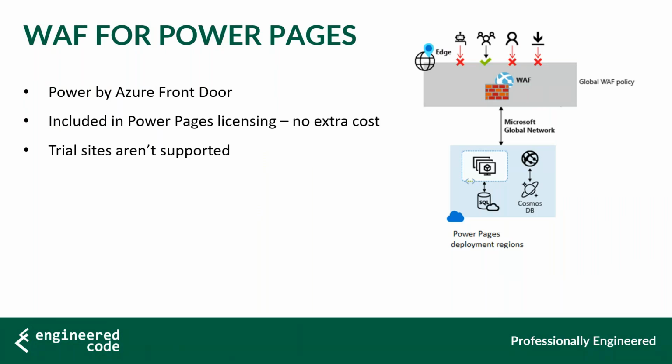But yes, you're able to enable that WAF. And so again, that sits as a layer in between all the users that are attempting to access your site. You can see here, the traffic is going to go through the WAF before getting to the actual Power Pages web servers.